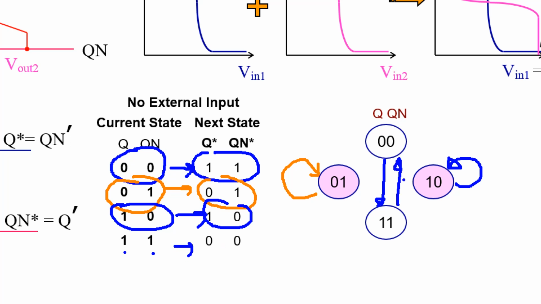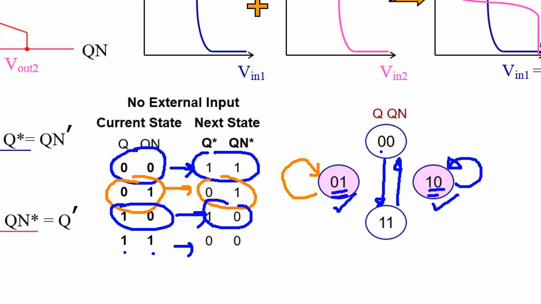So we know that for this one, the state 0, 1 is stable because when time passes, its value does not change. This one is also stable, right? When time passes, the value does not change. So there are 2 stable states.